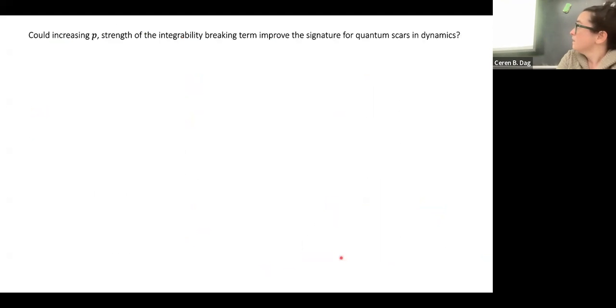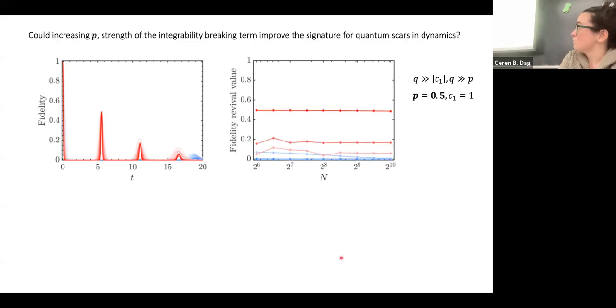So one question we had was, if we increase P, can we make the probe of these quantum scars better in the dynamics? And it turns out to be the case. If we increase P to 0.5, let me tell you first that the regular states disappear. So now you have all high entropy states, but there's still scarring in this high entropy region.